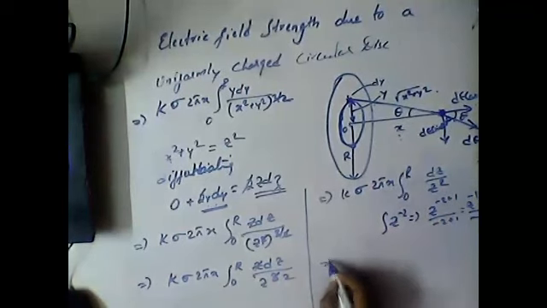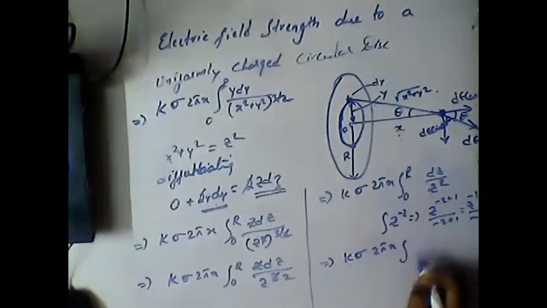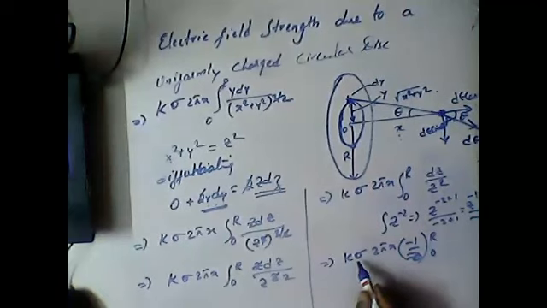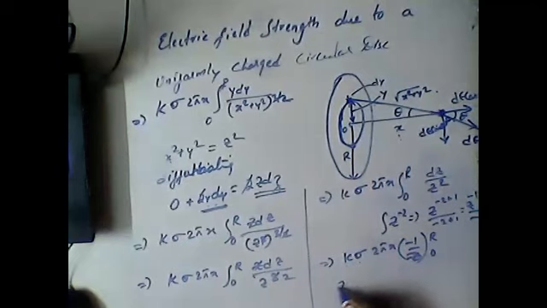So ultimately we are getting k into sigma 2 pi x times the integration, which is minus 1 by z, with limits r and 0. Clear, guys? This is our final term, k sigma 2 pi x times minus 1 by z, with limits r and 0. But z is equal to (x square plus y square) whole power 1 by 2.